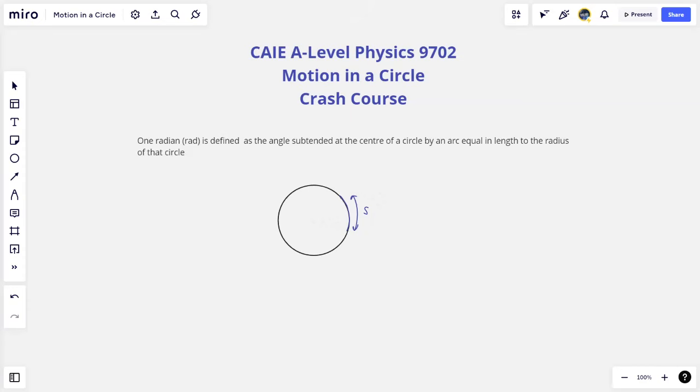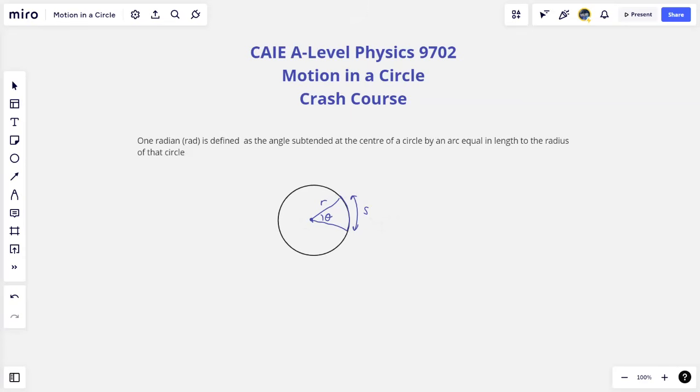Then if I draw the center point and a radius, remember radius is any line from the center to the surface of the circle, and I do that for either end of this arc S, the angle subtended, or the angle simply created, we'll call theta.